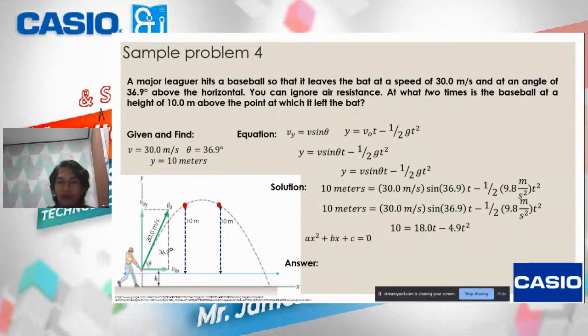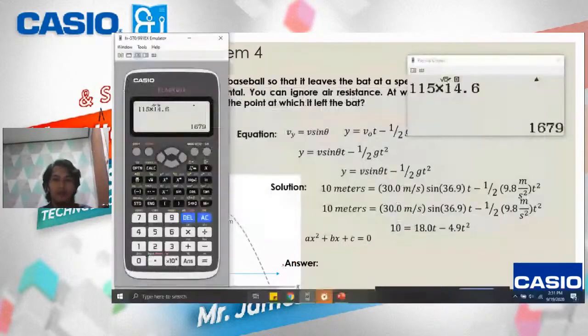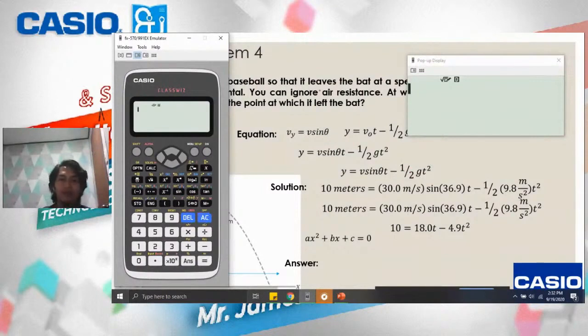How are we going to get the value of x? Normally, we can use the quadratic formula, or we can use completing the square. Since we have a calculator, thanks to our Casio, this is one of the features of the Casio. It's very basic, actually.